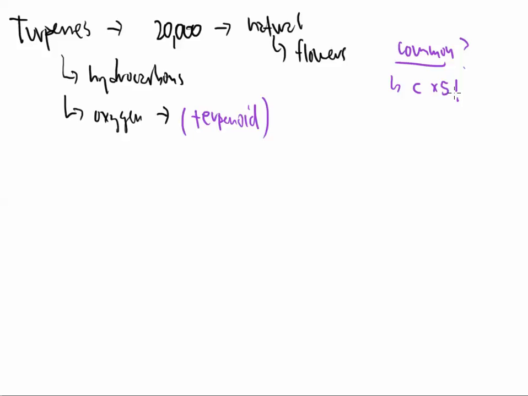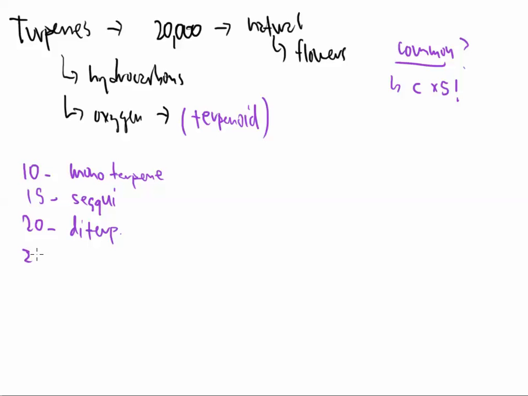There are names that we can assign these terpenes based on the number of carbons that they have. So if a terpene has 10 carbons, we call this a monoterpene. And if it has 15 carbons, we call it a sesquiterpene. If it has 20 carbons, we call it a diterpene.